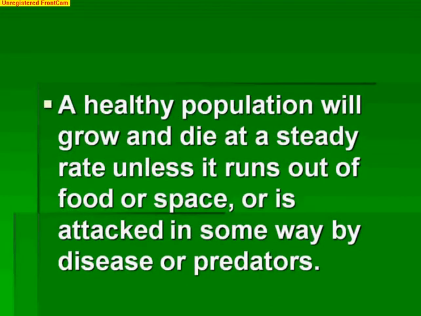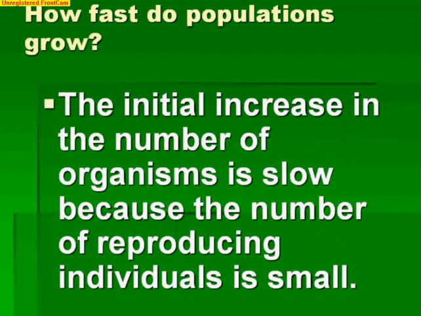A healthy population will grow and die at a steady rate unless it runs out of food or space or is attacked in some way by disease, predators, possibly even parasites. The initial increase in the number of organisms in a population will be slow because the number of reproducing individuals is small.